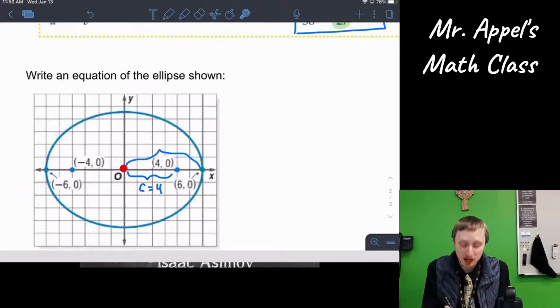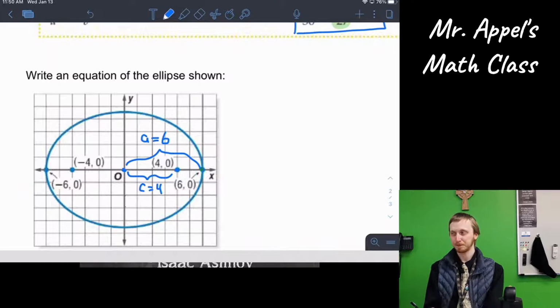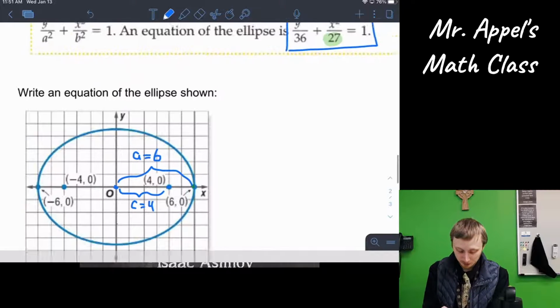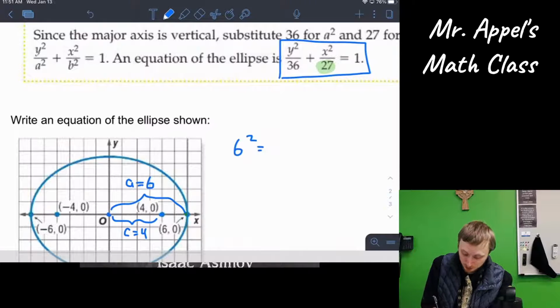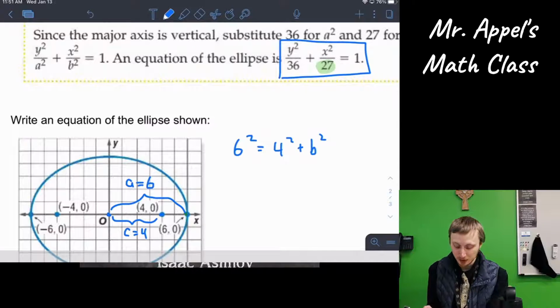Well, let's approximate, right? 1, 2, 3, 4, not quite 5. And this is definitely 6. So this has to be the largest one. A's 6. Okay, so then we know A is always the largest, so 6 squared equals C squared, which is 4, plus B squared.